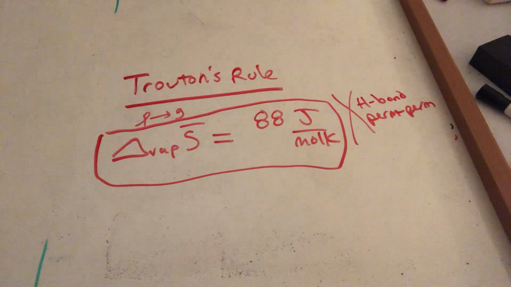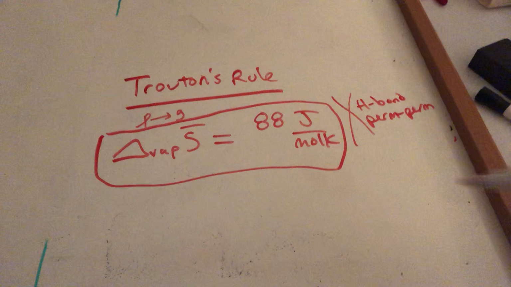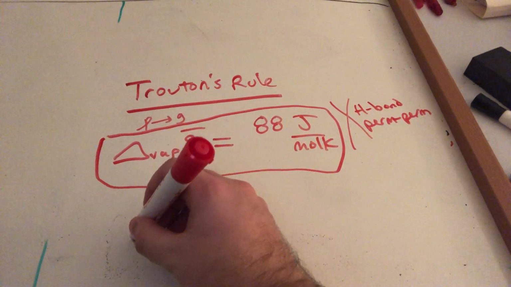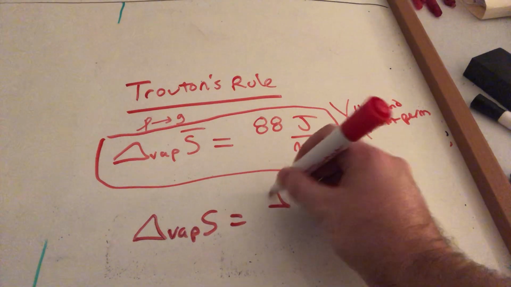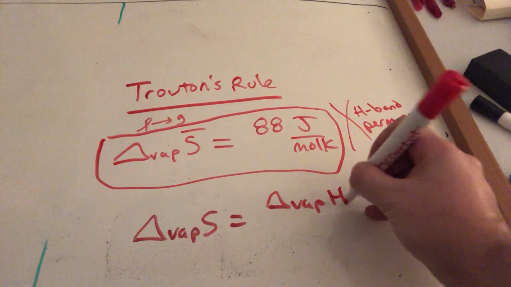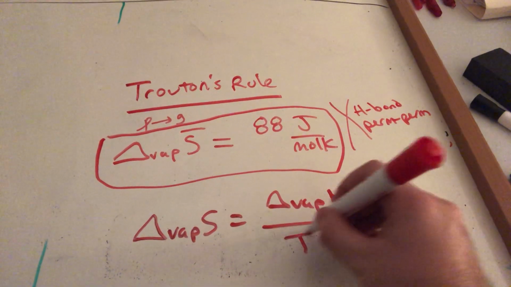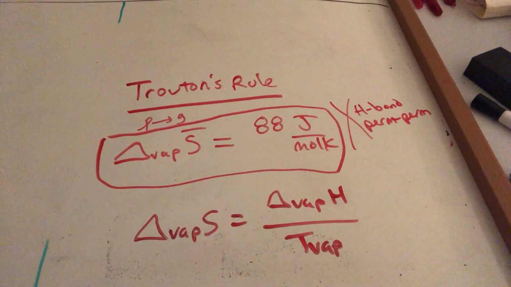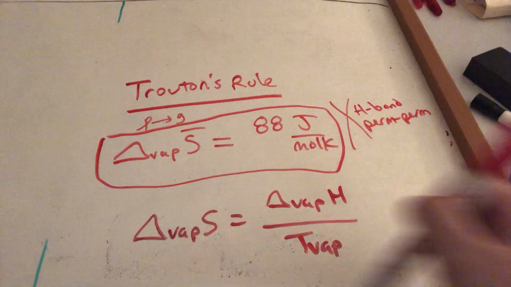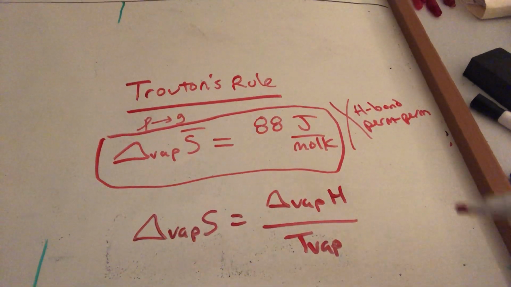This is also useful if you think back to another relationship that we studied before break, and that is how the enthalpy of vaporization relates to the entropy of vaporization. We know that this is a relationship that is valid, all right?